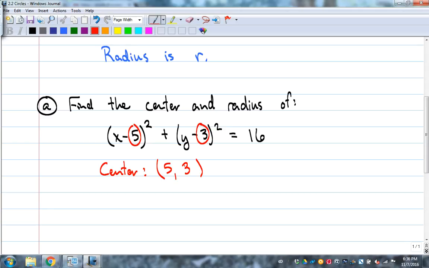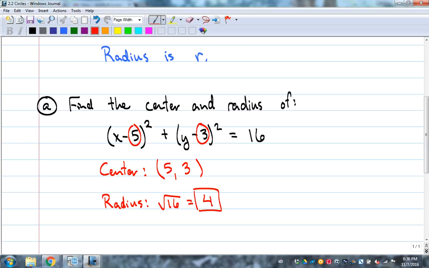Straightforward. It's the opposite of whatever's in there. So if it's x minus 5, it's going to be positive 5. If it were x plus 5, it'd be negative 5. Okay. The radius, not quite as straightforward. We got to think about what squared gives me 16. So I just need to think, what's the square root of 16? 4. That's the radius length for that based on that equation.